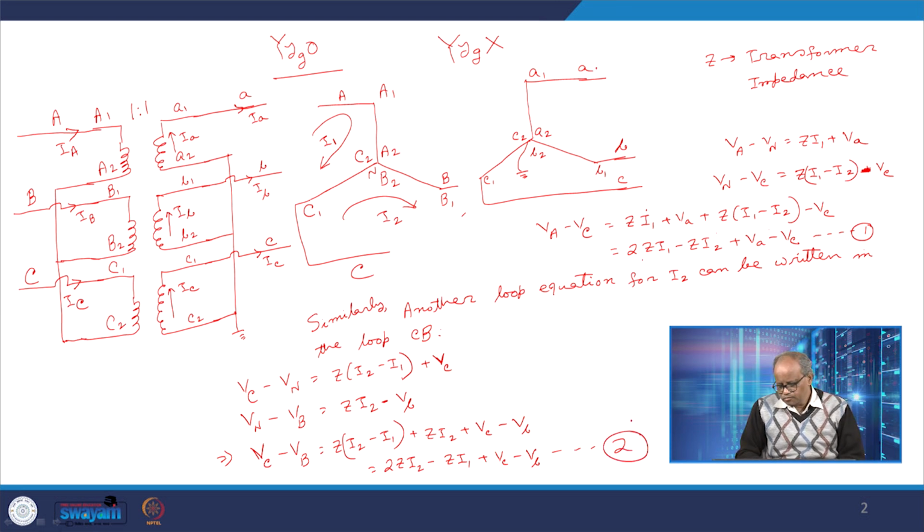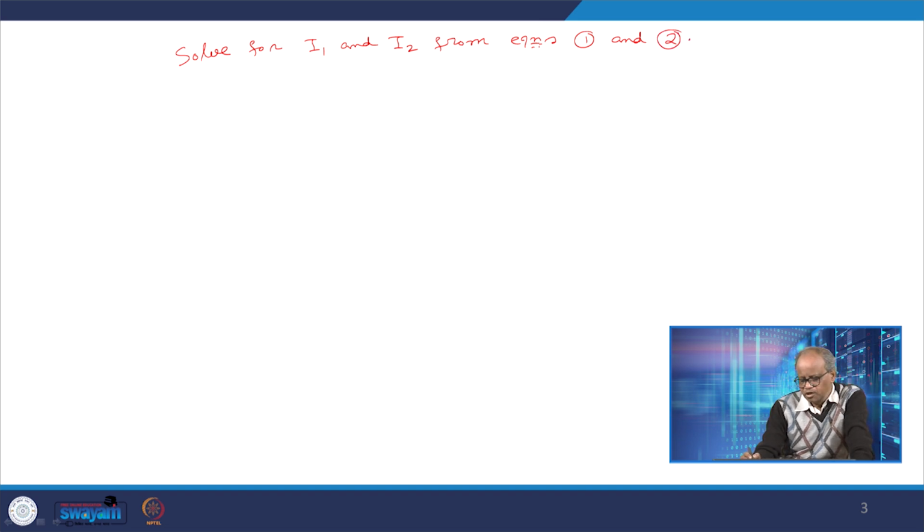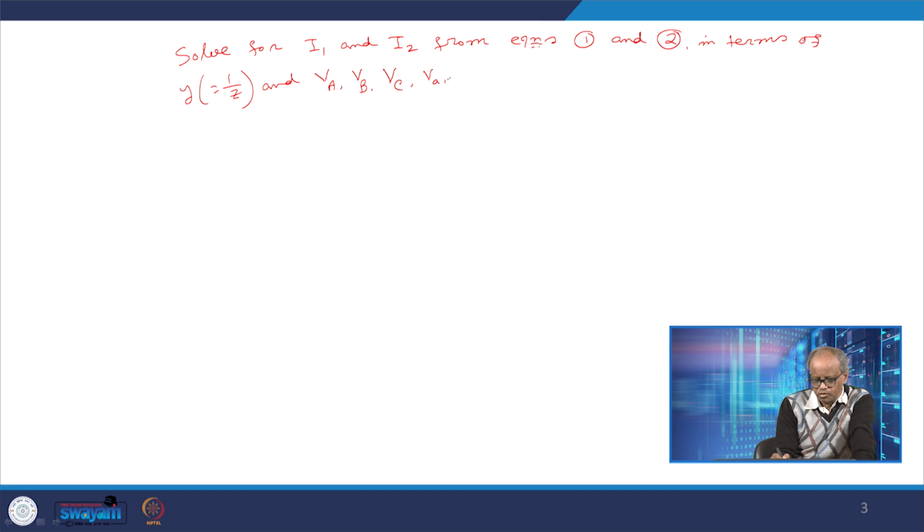After that we follow the same process: solve for I1 and I2 from equations 1 and 2, and those solutions would be in terms of y, that is essentially 1 by Z, and Va, Vb, V capital C, small a, small b, small c.